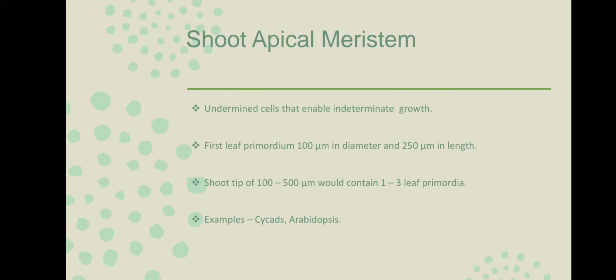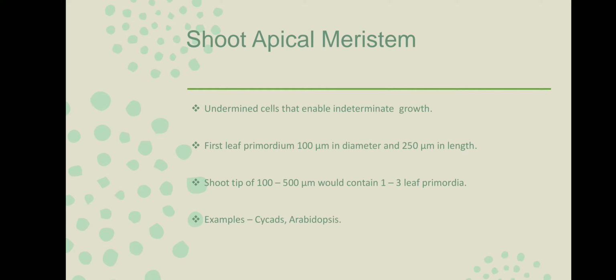These meristem cells have the ability to grow or to differentiate into different types of tissues. That is, it is able to go for indeterminate growth.